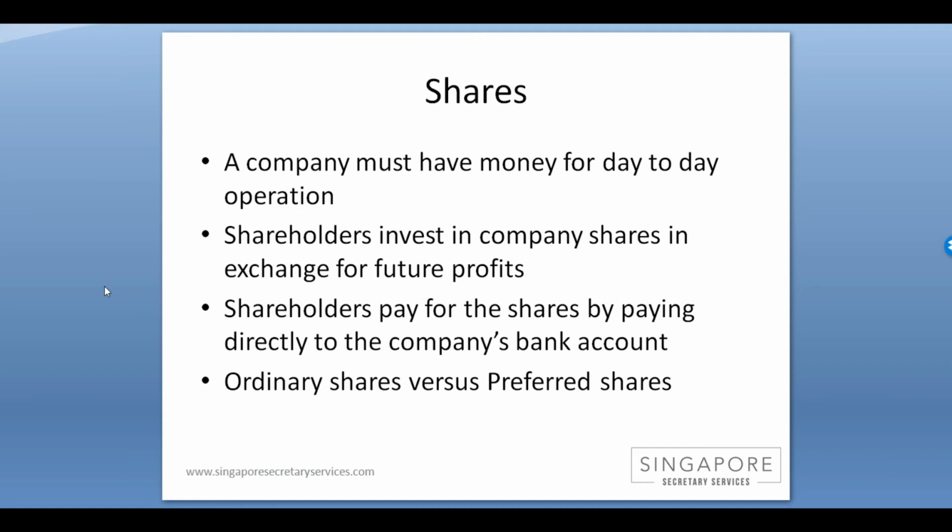So if the company needs more money, it can issue new shares. That's what happens to companies like Grab or Uber. They have funding. They call for funding of, for example, 10 million. This 10 million they use to run the company. As they run the company, they incur expenses. As they run the company, they also gain revenue.